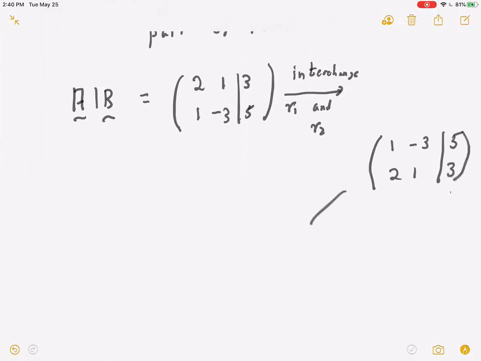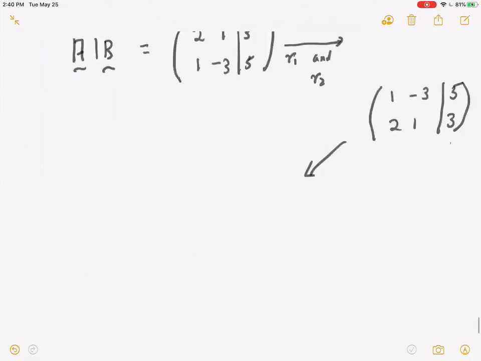Again, augmented matrices are just wonderful ways of encapsulating information. The information is just a set of linear equations. It's a new set of linear equations. It differs from the original ones.